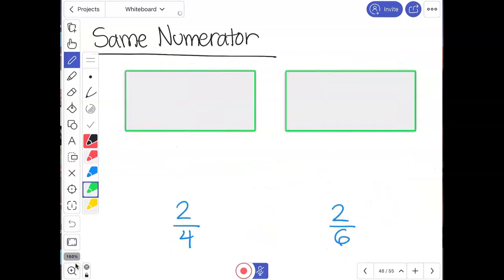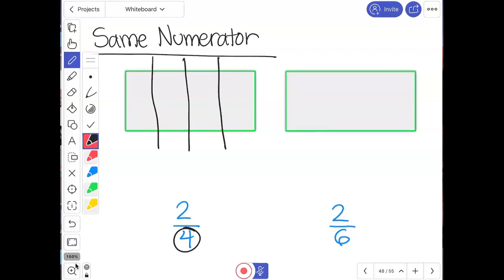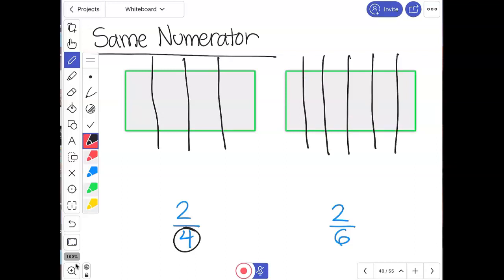Okay, so let's practice this again. This time I've got fourths and I've got sixths. Okay, so in both cases I have a numerator of 2. So 1, 2, 1, 2.